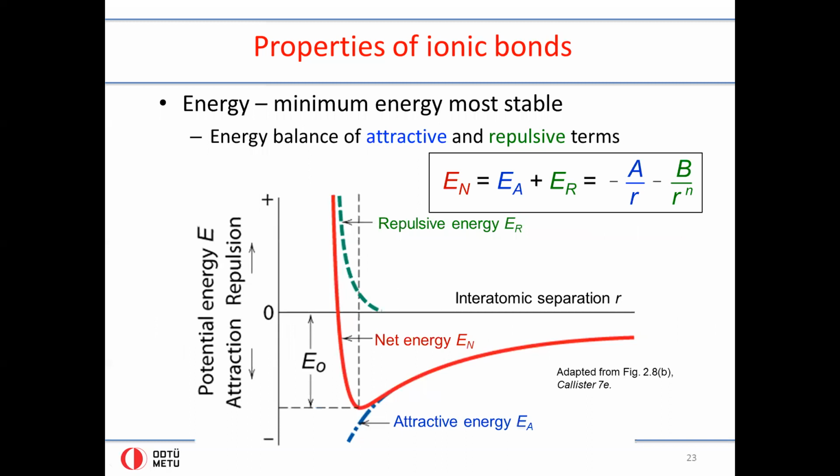So then, this brings us to a graph that we discuss a little more later, where the graph shows the energy situation, the attraction or the repulsion energy, the desire for the atoms, the ions, to come together or to push away from each other.